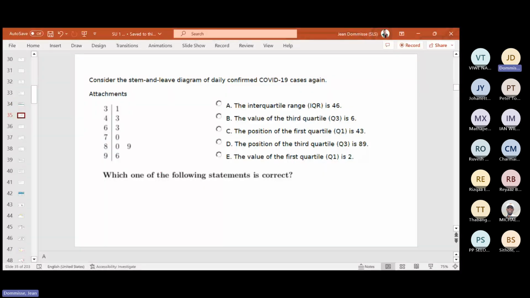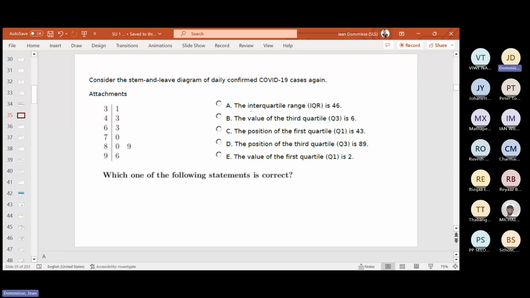Okay, a next set. I said we won't get anything on quartiles with a stem and leaf, and so we have one. So here they give us a data set.